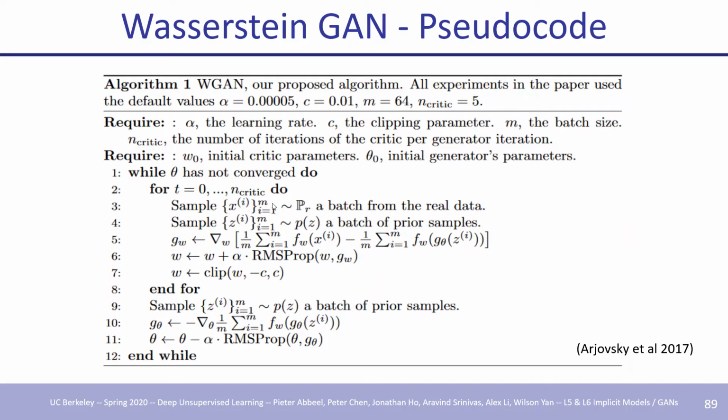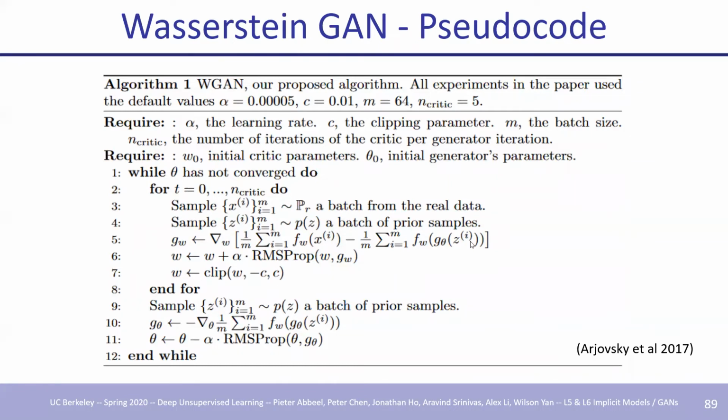So we sample, just like in the other one, from the real data. PR is the real data, and Z_i is from the distribution of latent variables. And then just like the Wasserstein distance, with the supremum version of it, we have 1 over m of the sum of f_w of x_i minus f_w of g_theta of z_i.